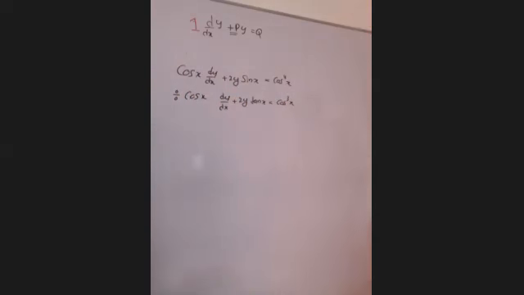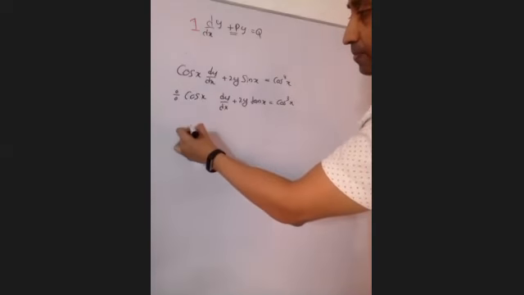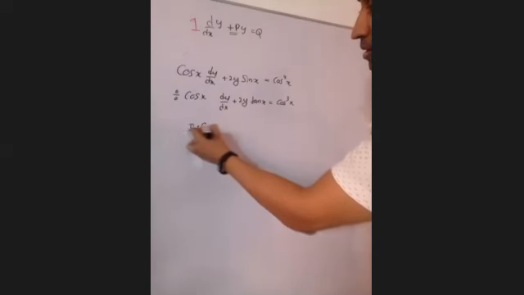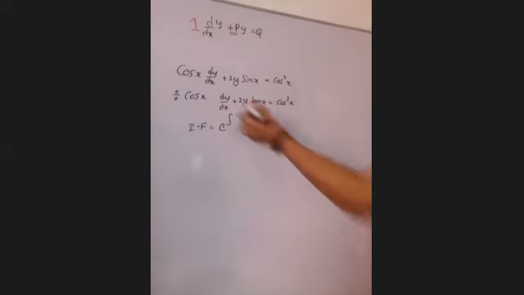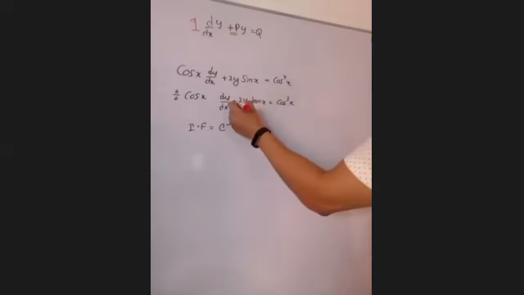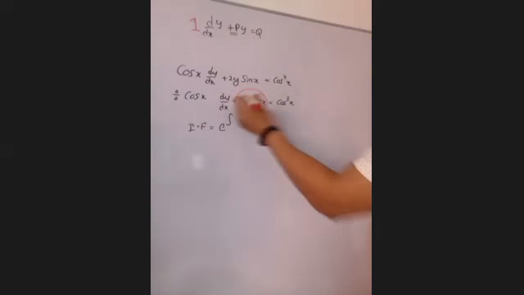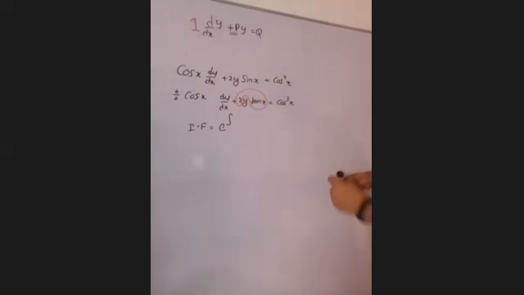Then we need to identify the integrating factor, IF. That is e to the power integration of the remaining term if you isolate y. What is the remaining term? The remaining term is 2 tan x.